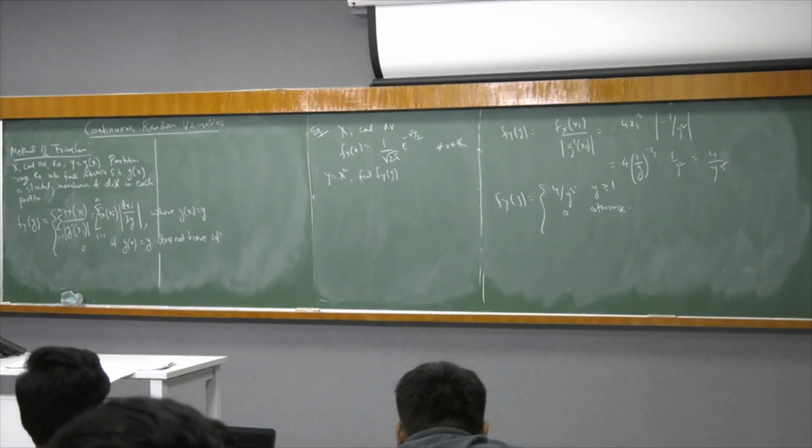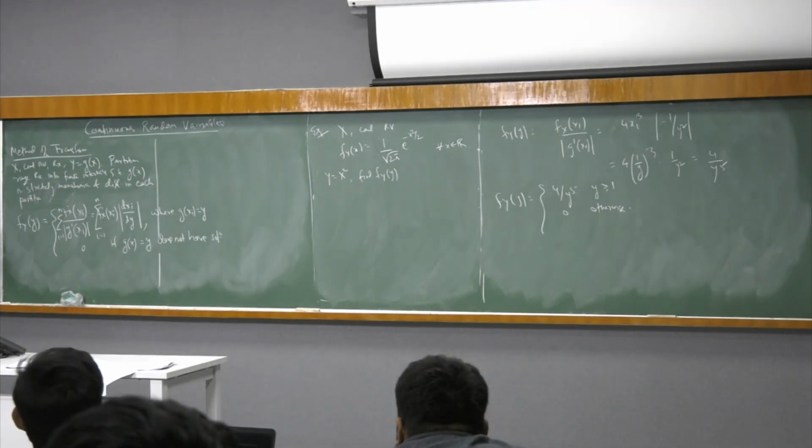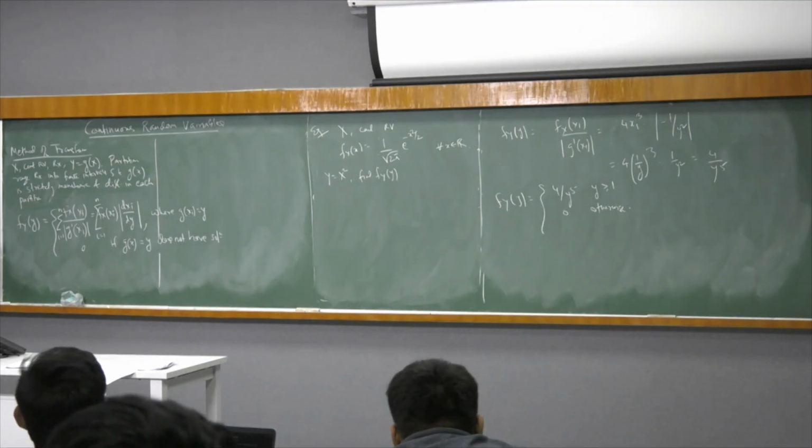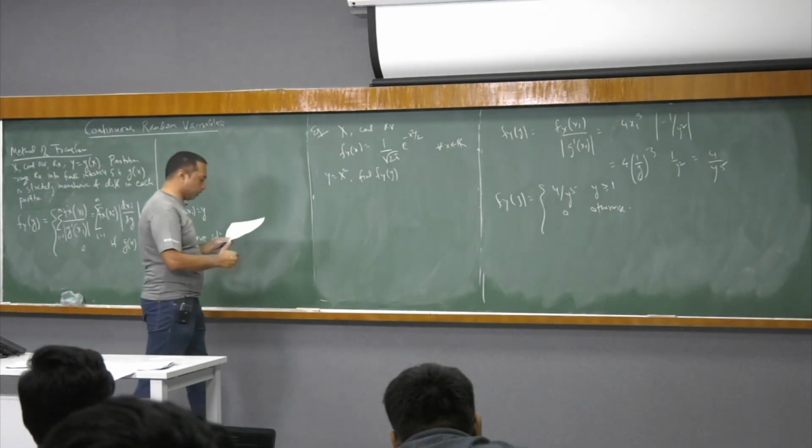And then individually we can take the dx_i by dy, the derivative of square root of y and of minus square root of y, and everything we have in place. So let us do this quickly.